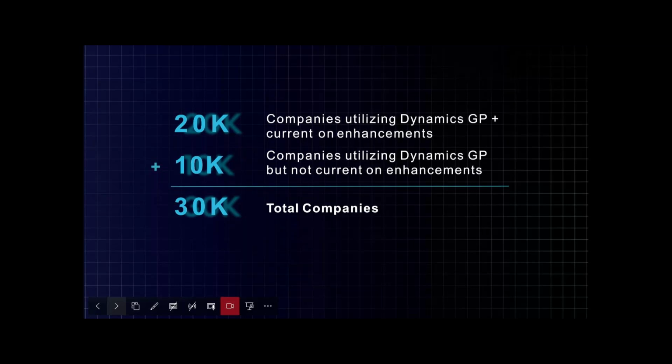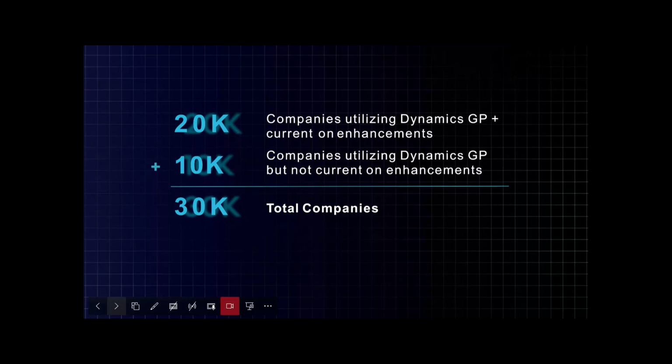Probably another 10,000 entities utilizing Dynamics GP to run their back office, but not current on enhancements, obtaining support from their partner perhaps, or maybe internal resources. So as a good guesstimate, it's fair to say that there are probably at least 30,000 companies today on planet Earth running Dynamics GP.